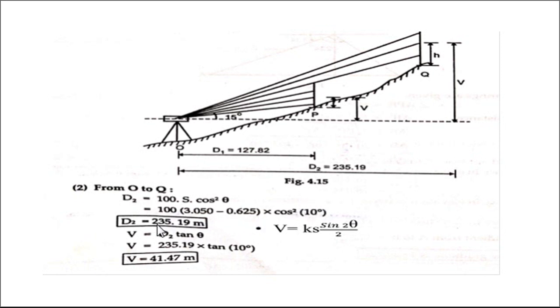So from the calculation we will get D2 is equal to 235.19 meter. Okay. Similarly, vertical distance we can calculate V is equal to D2 into tan of theta is equal to 235.19 into tan of 10 degree. So we will get V is equal to 41.47. Okay, next.